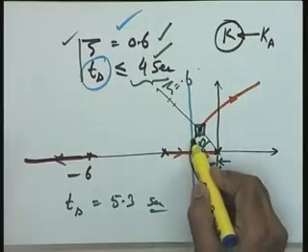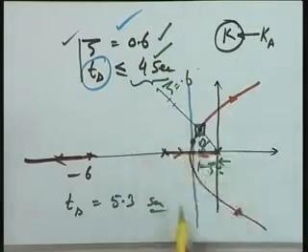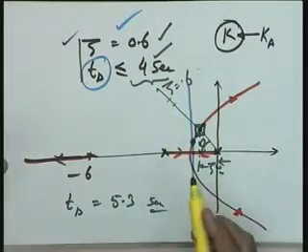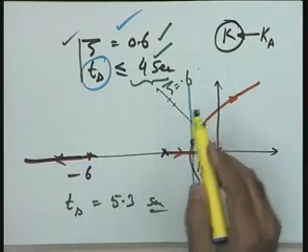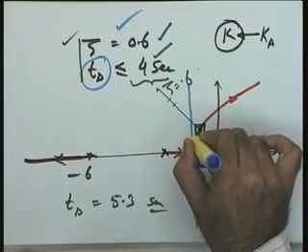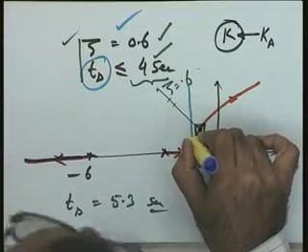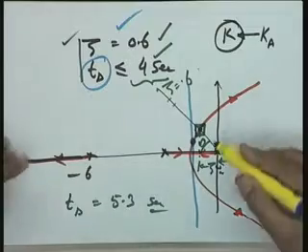This point may not lie on the root locus plot, and therefore along this line you make trial and error, because zeta omega n is fixed by this line. Along this line, you are able to locate a point which satisfies the angle criterion, and hence your speed of response requirement is satisfied. Now how about zeta?